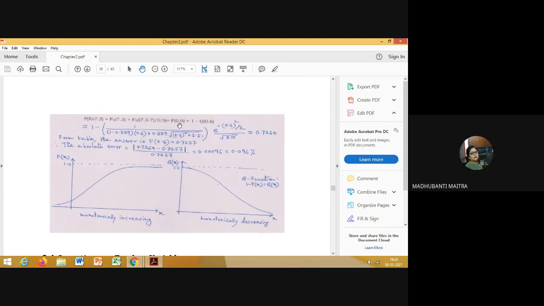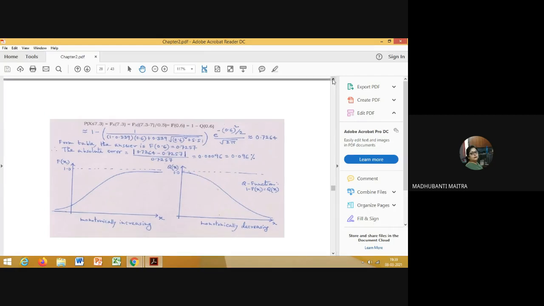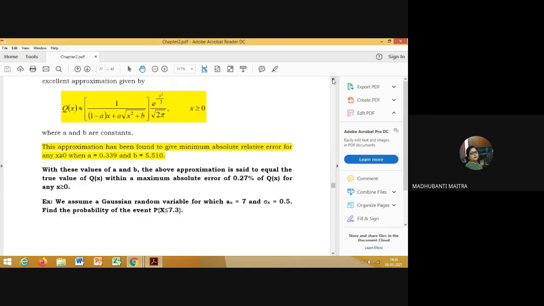So F(0.6), right? We know that that is nearly equal to 1 minus Q(x). So that will be equal to 1 minus Q(0.6). Now to find out this value, this is the approximate value, already we have seen.